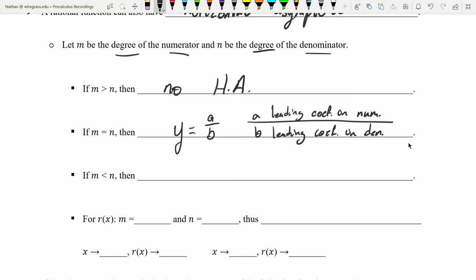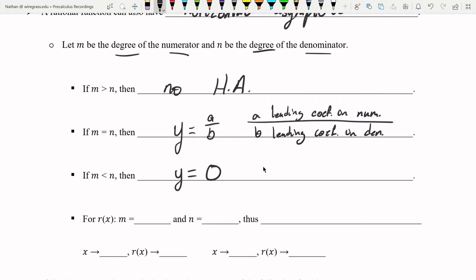So you take the ratio between these two numbers, and y equal to that number, it'll always be a number, is the horizontal line that the rational function approaches as x goes to negative infinity and positive infinity. And of course, if m is less than n, then y equals 0 is the horizontal asymptote.